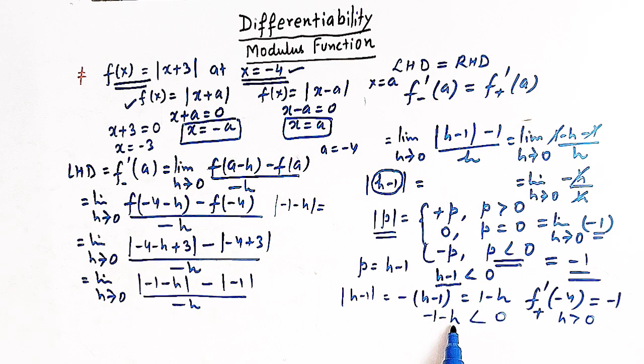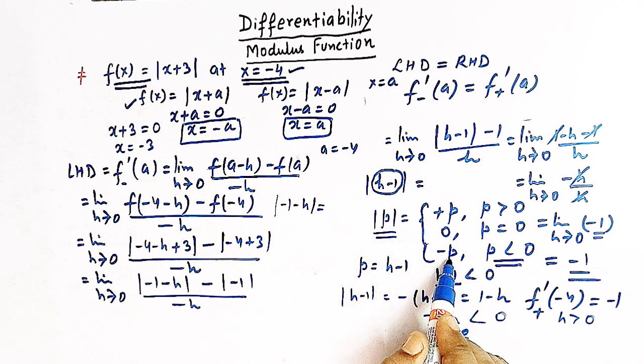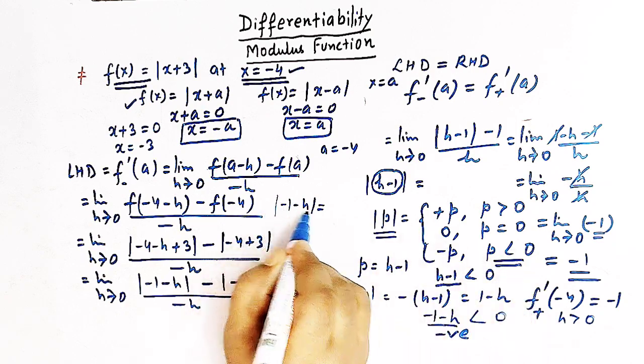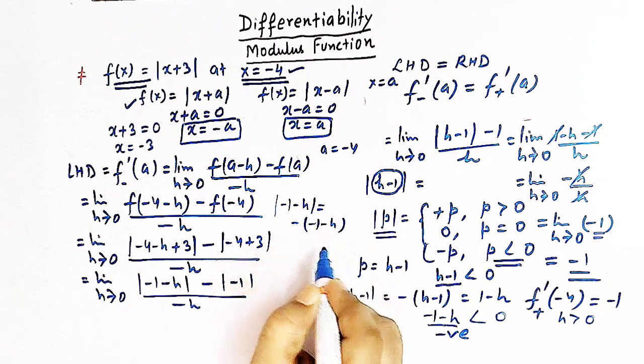H is infinitesimally very small, but it is greater than 0. So minus 1 minus h is less than 0, that is this quantity is negative. So again mod of p is equal to negative p when p is less than 0. So mod of minus 1 minus h is equal to negative of minus 1 minus h.